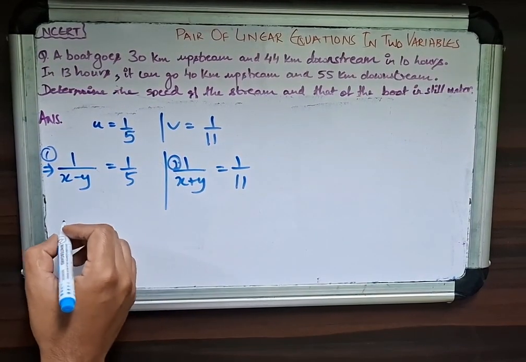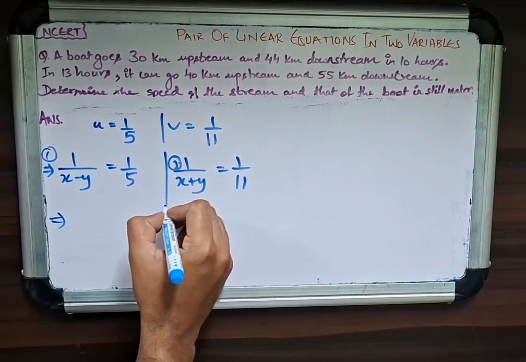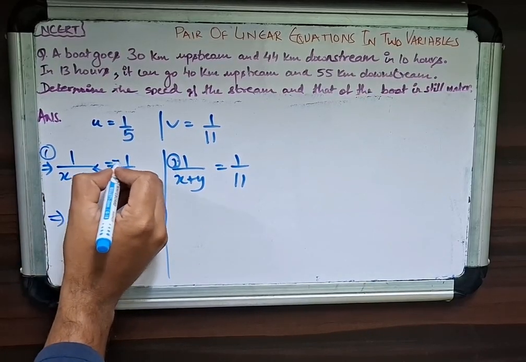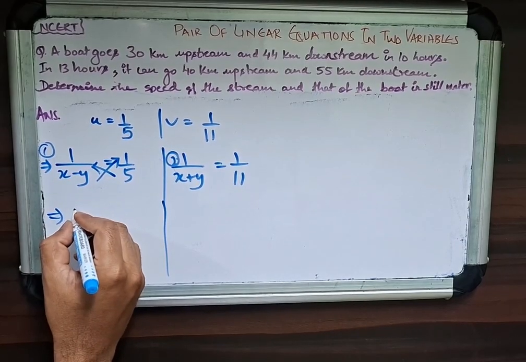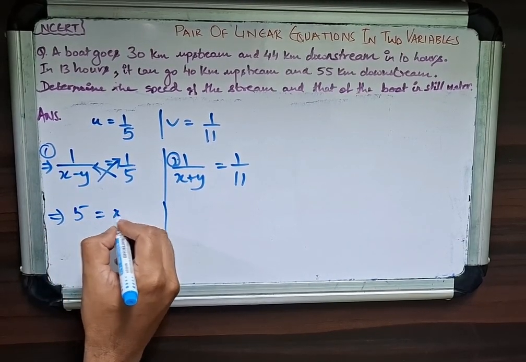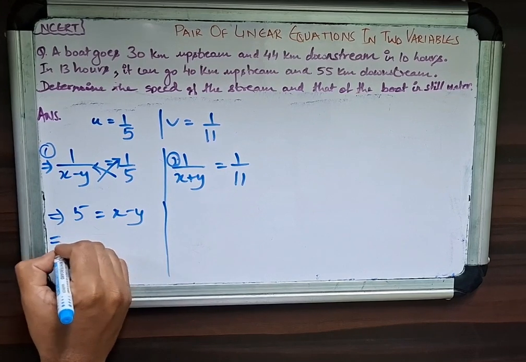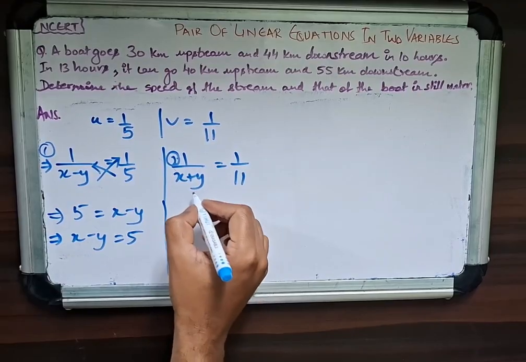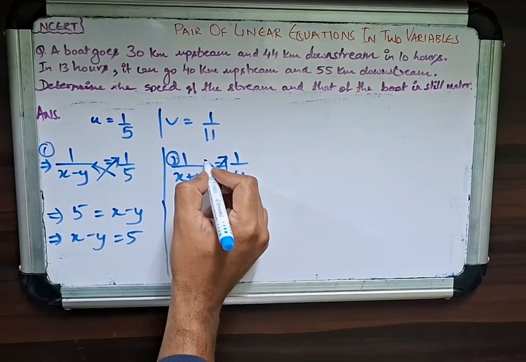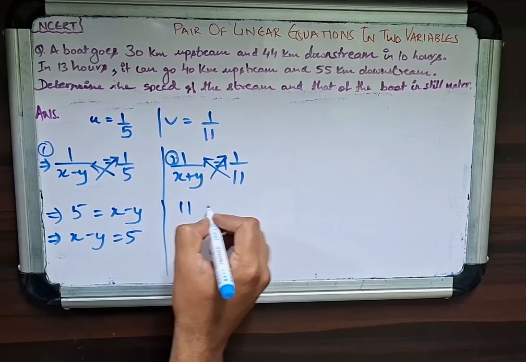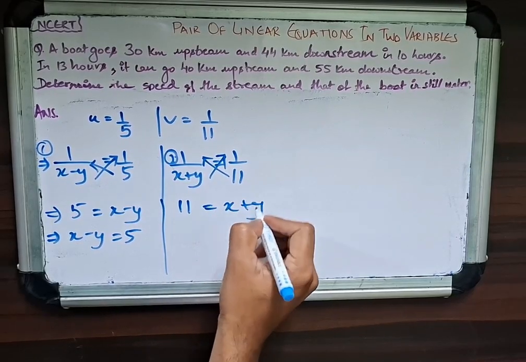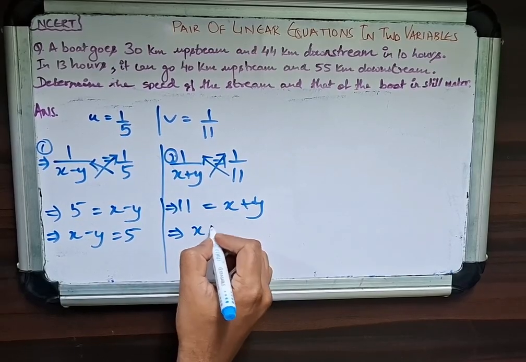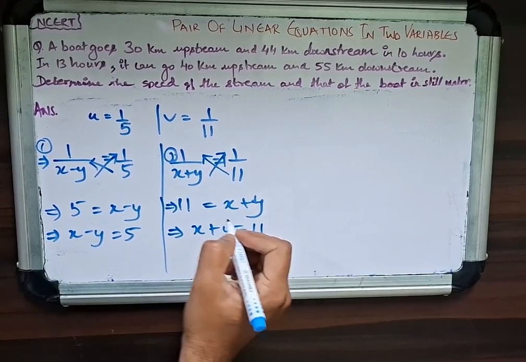All you have to do is cross multiply and you will get 5 is equal to x minus y, or x minus y is equal to 5. Similarly here, 11 is equal to x plus y, or x plus y is equal to 11.